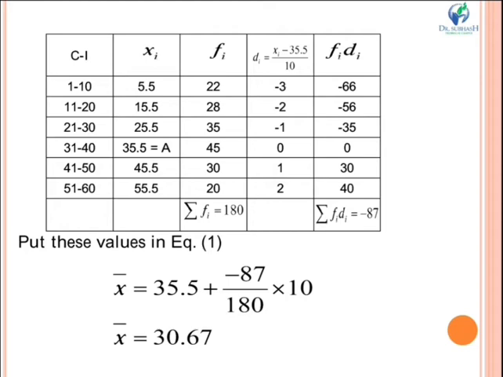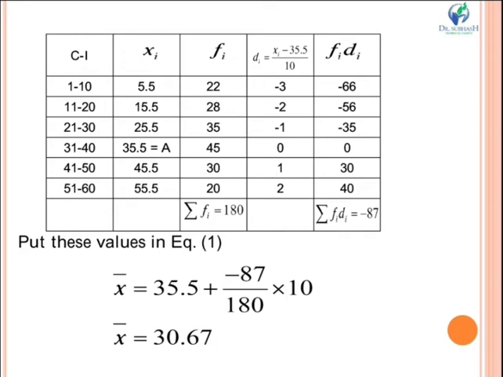So the first entry will be xi, that is 5.5 minus 35.5, that is minus 30, divided by 10, which is equal to minus 3. Similarly, we will put each value of xi and find the corresponding values of di.